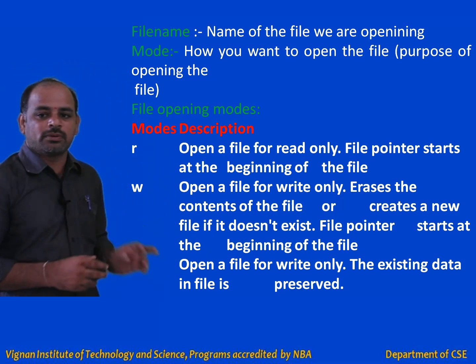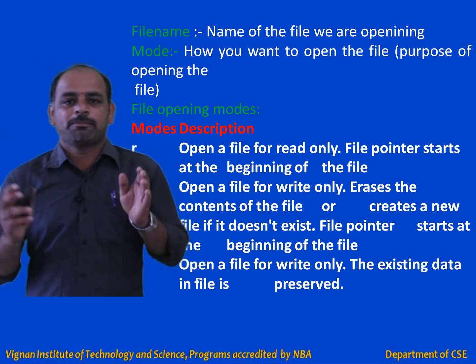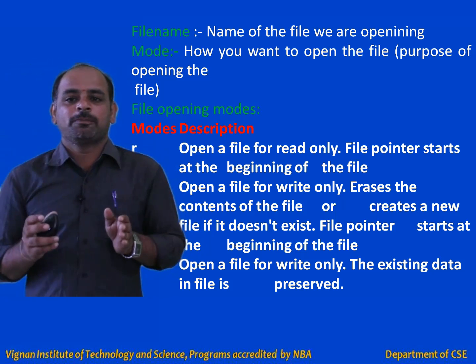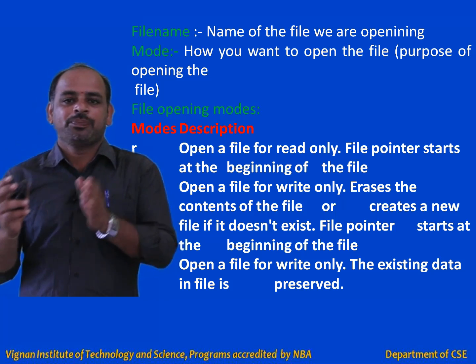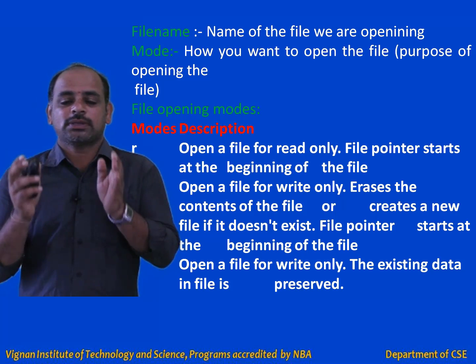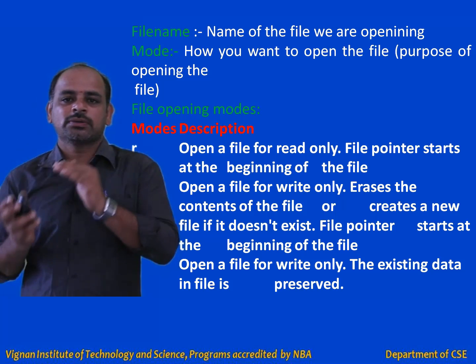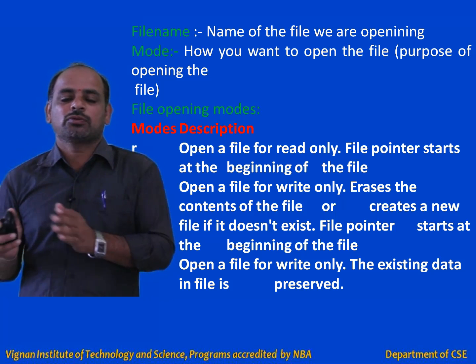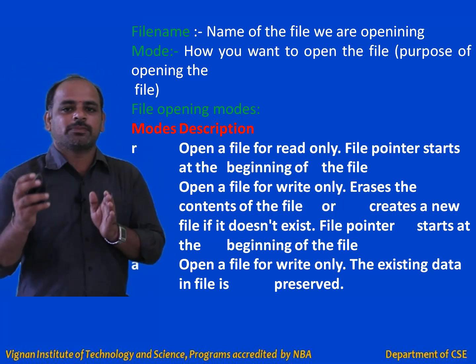The third mode of opening a file is append mode. Here you are opening the file in write only. If the file already has some data and you want to add some new data to that file, then you have to open the file in append mode. But there is a difference between write mode and append mode.